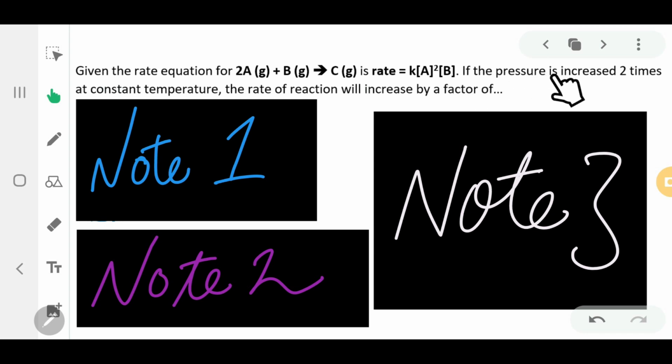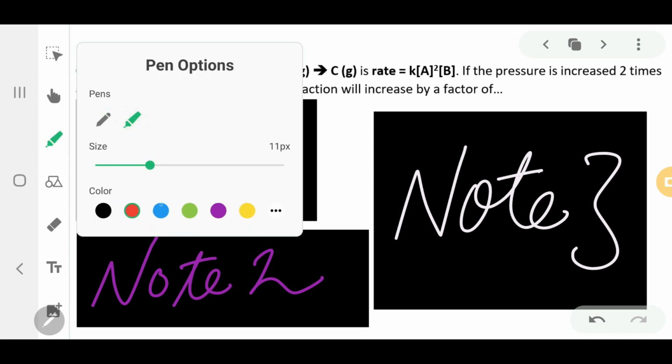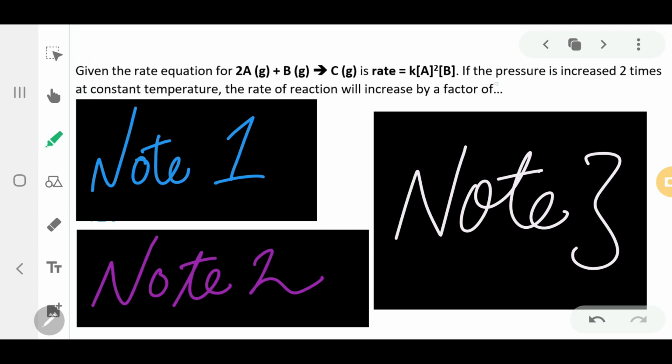If the pressure is increased 2 times, at constant temperature, the rate of reaction increased by a factor of what?